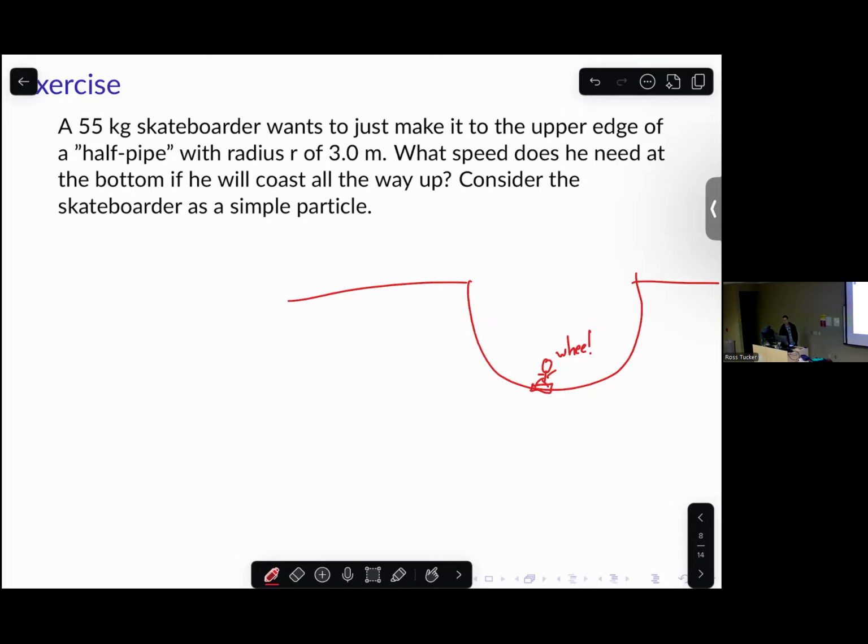And no, you don't need circular motion here. What letter are we on? Probably Z, right? Exercise R.